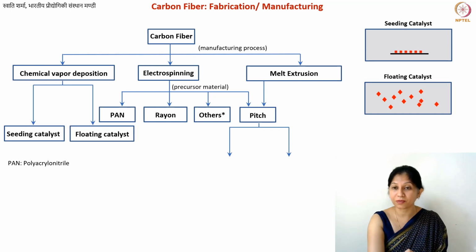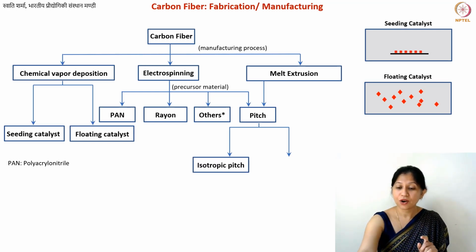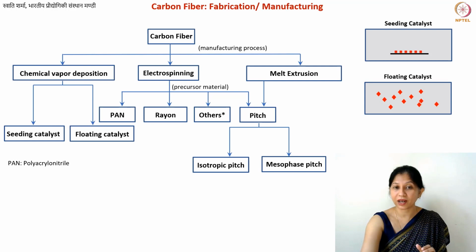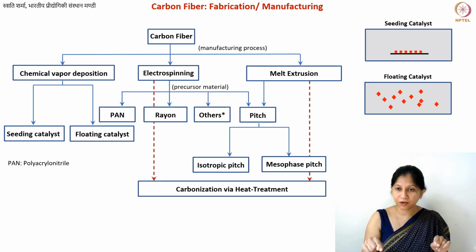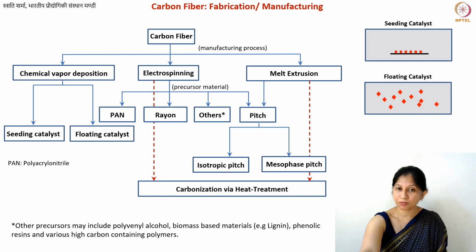So you can also perform this melt extrusion using pitch. Of course, I already mentioned that you have isotropic and mesophase pitches, and based on this, you will make your fibers. So after spinning the fibers, in both cases, electrospinning or melt spinning, you will perform the carbonization using your standard heat treatment process.